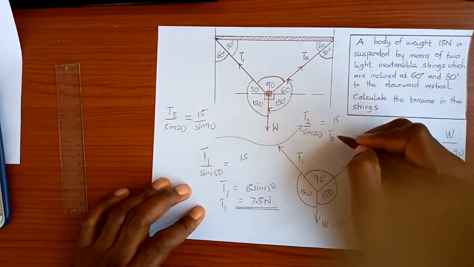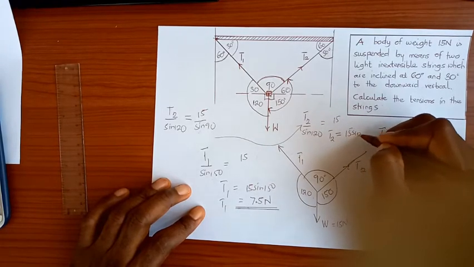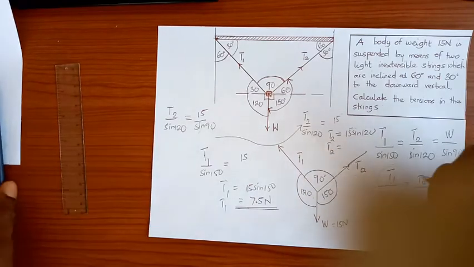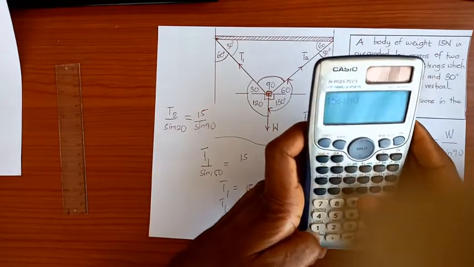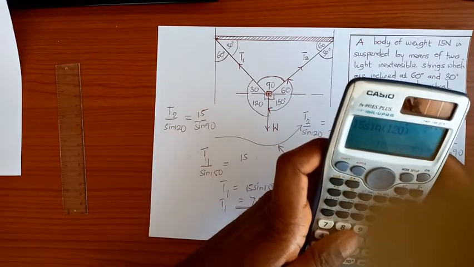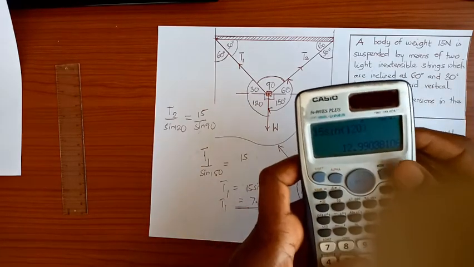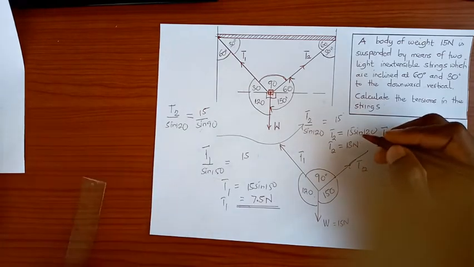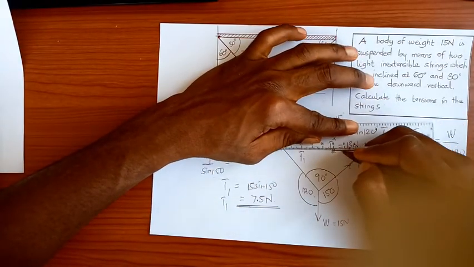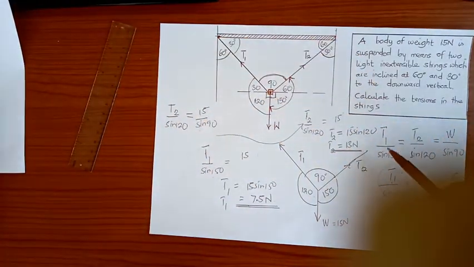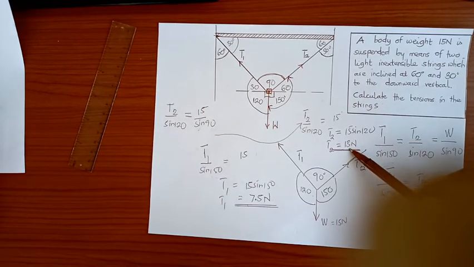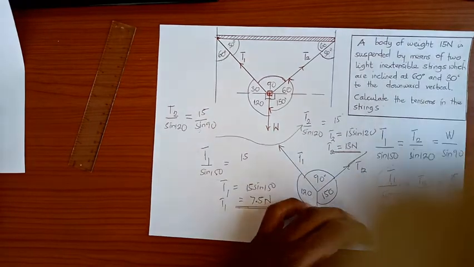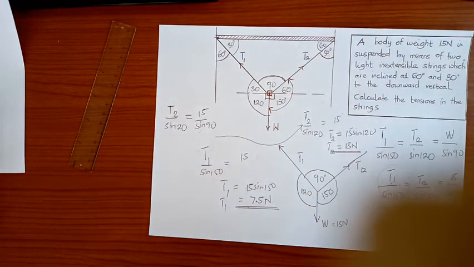So my T2 equals 15 sine 120. That's when I bring this here. So my T2 equals what? 12.99, approximately 13 newtons. So we have our T2 to be 13, our T1 to be 7.5 newtons, and we are officially done with the questions. We've calculated the tensions in the string.